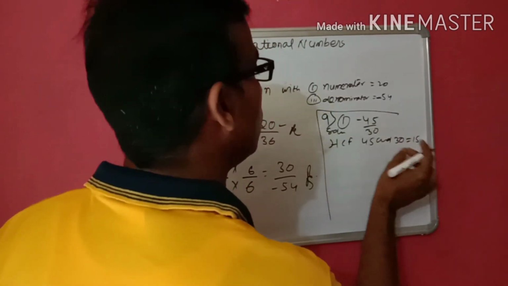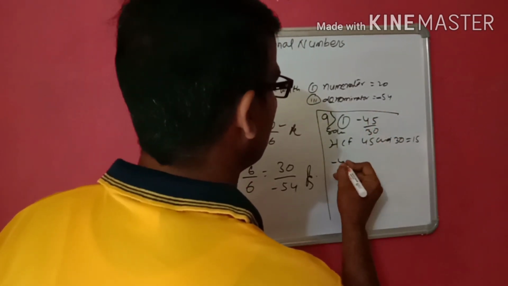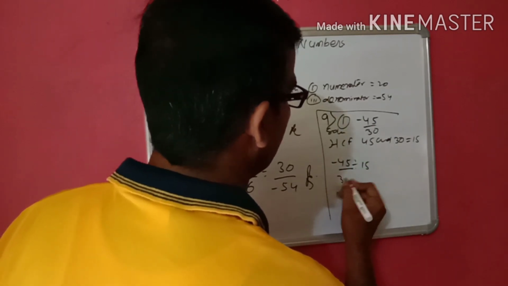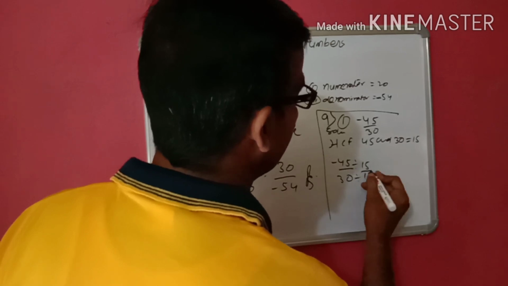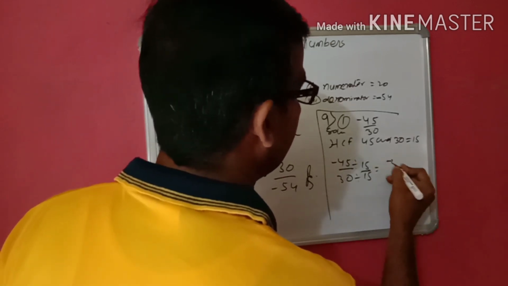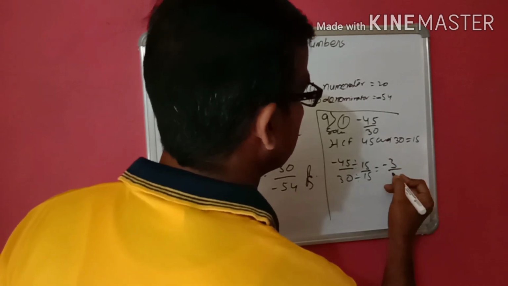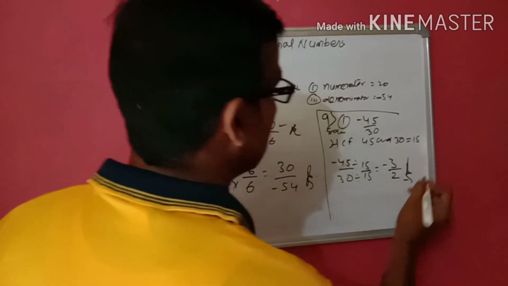So you have to divide both numbers by 15. So 45 divided by 15 by 30 divided by 15. It will be minus 3 by 2. This is your required answer.